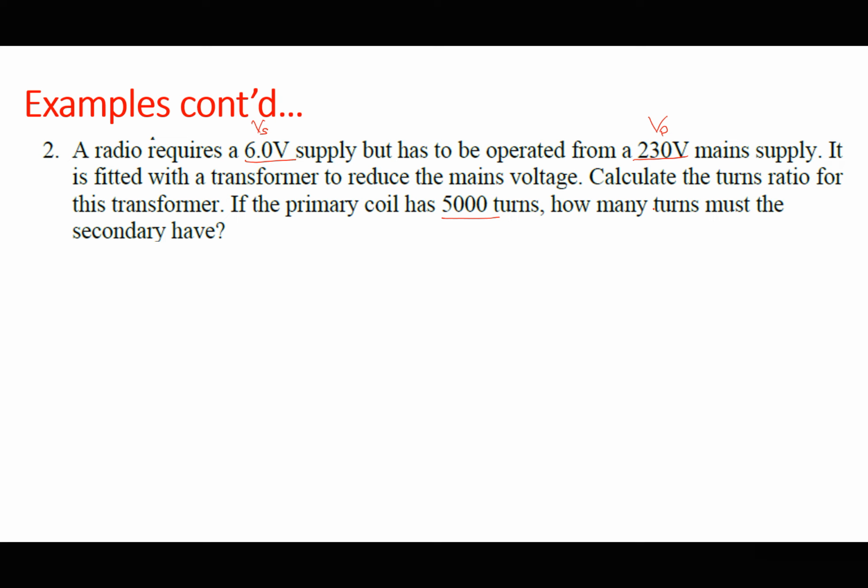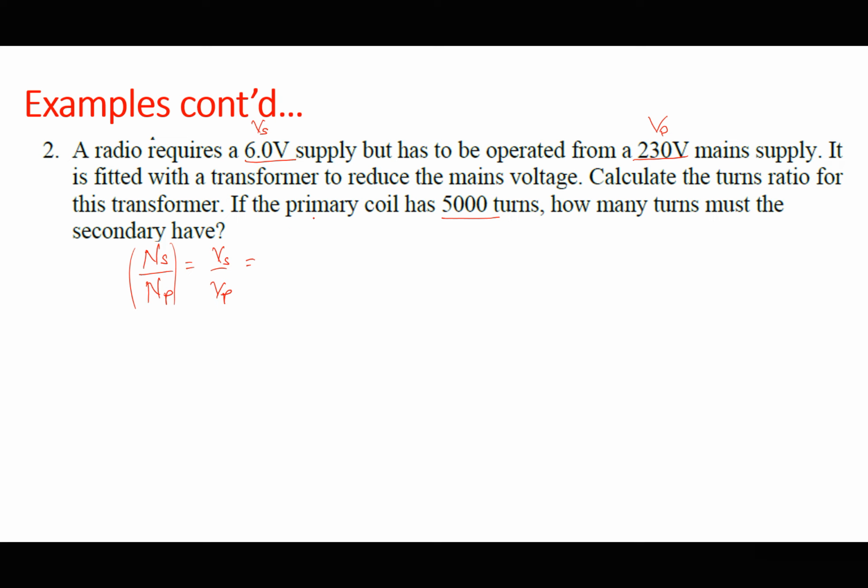So we want to first calculate the turns ratio, that is the ratio of the turns. The number of turns on the secondary divided by the number of turns on the primary should be the same as the voltage in the secondary over the voltage in the primary. So this is the turns ratio.